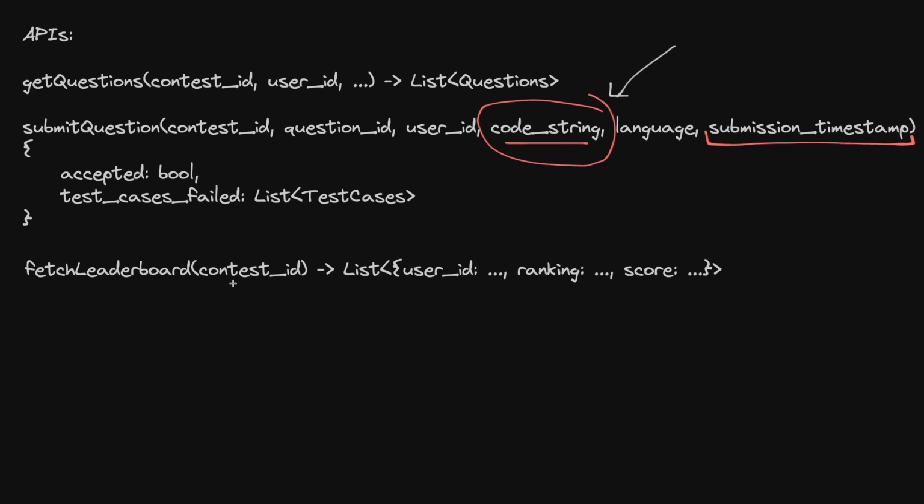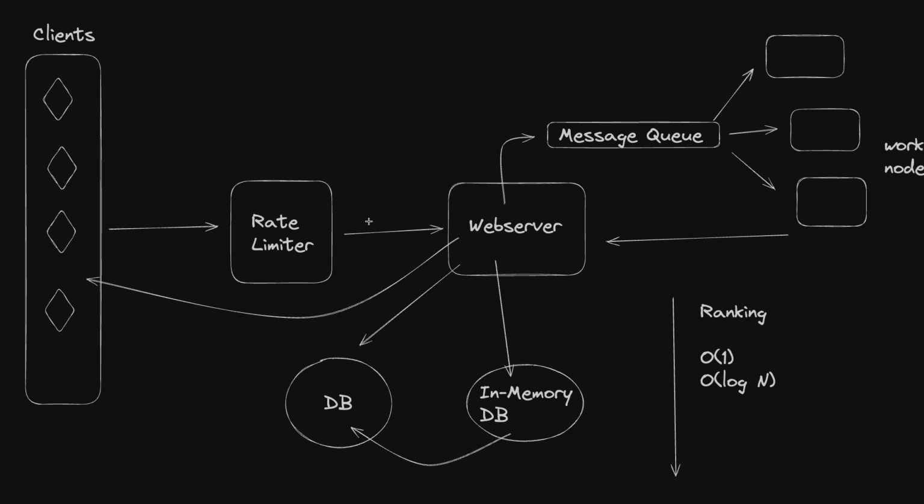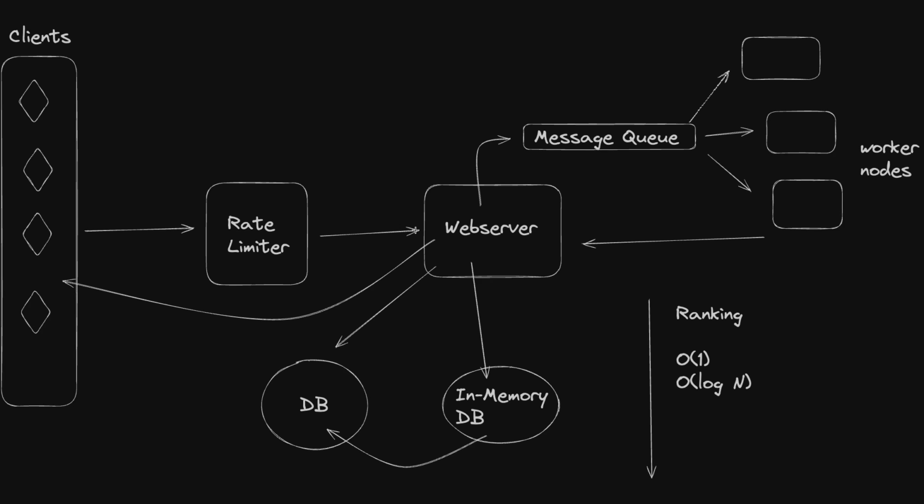Perhaps we might also introduce a separate leaderboard service, which is constantly updating the client or always has the top leaderboard stored, so we can give it to the client when requested.